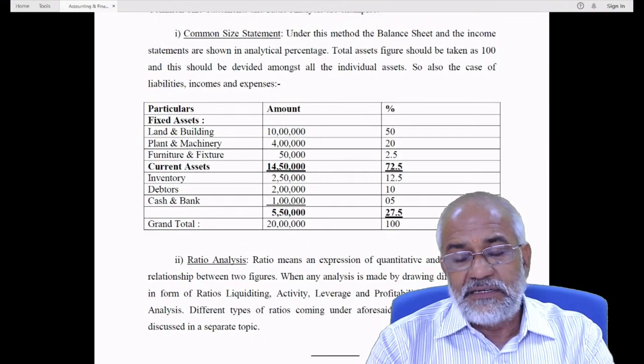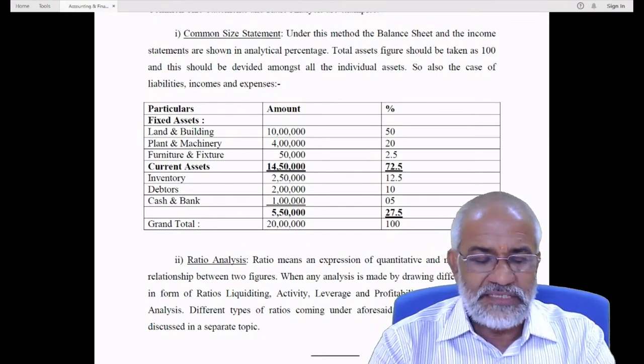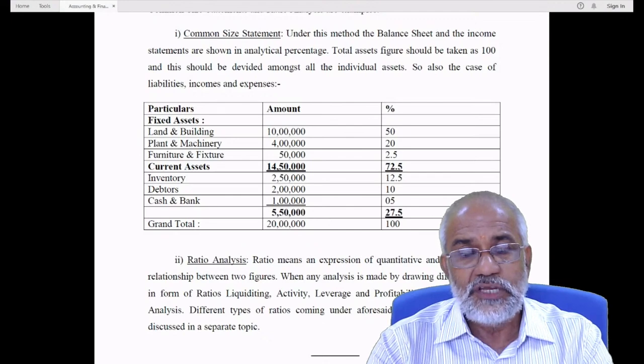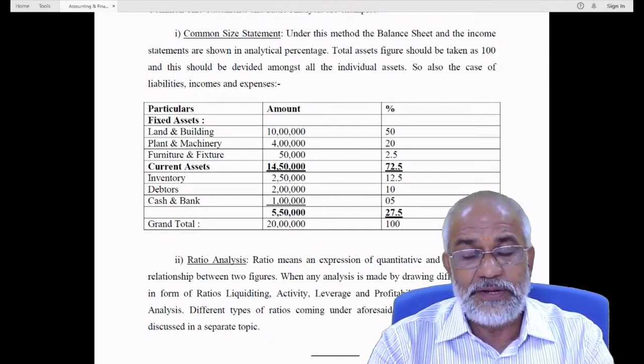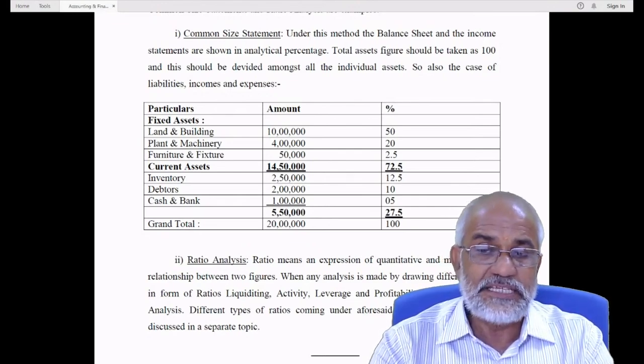The last component of ratio analysis, so far as the modern method of classification is concerned, is the profitability category of ratios. Under it there are ratios like the net profit ratio, gross profit ratio, operating profit ratio, and expenses ratio.